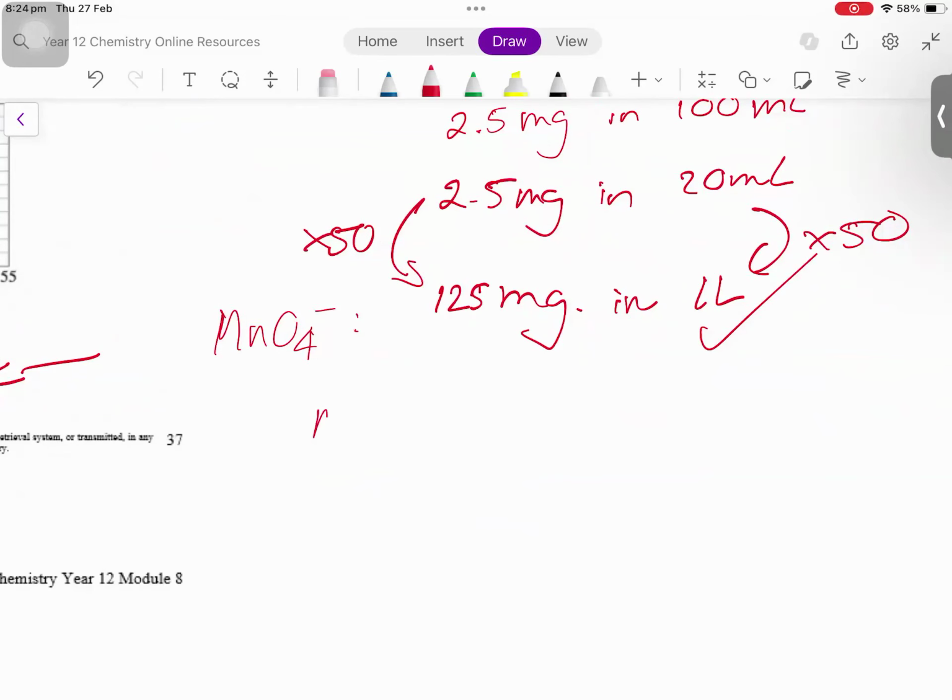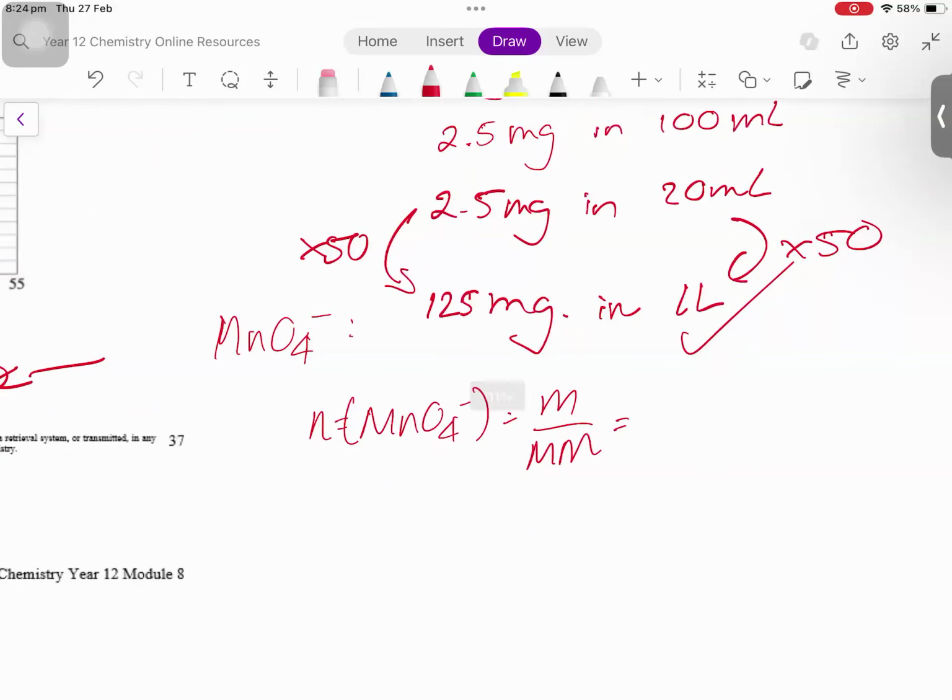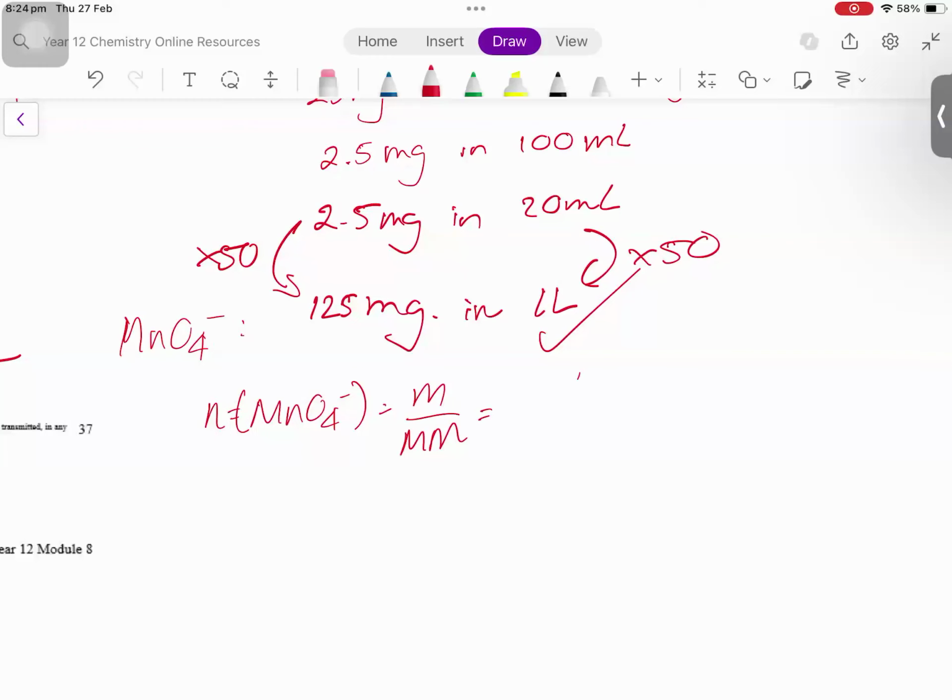So moles of MnO4 minus is mass on molar mass, which is 125 milligrams, which is 0.125 grams. What is the molar mass of manganese, please?